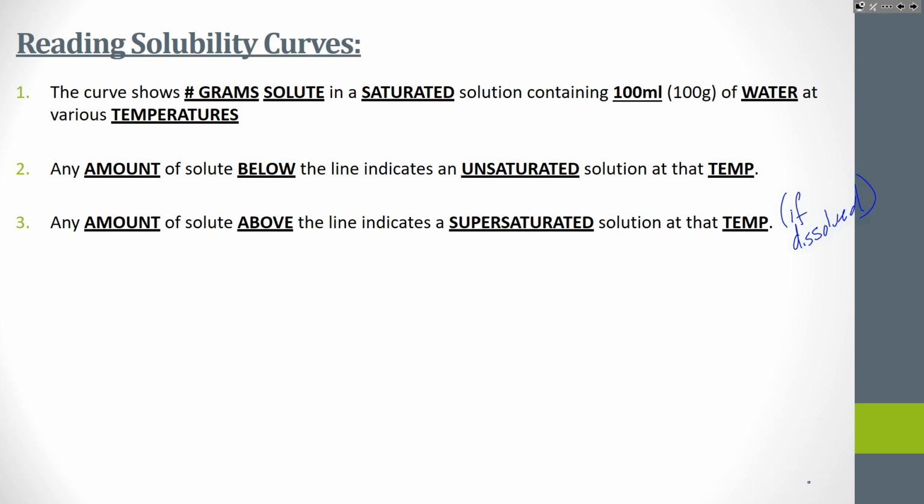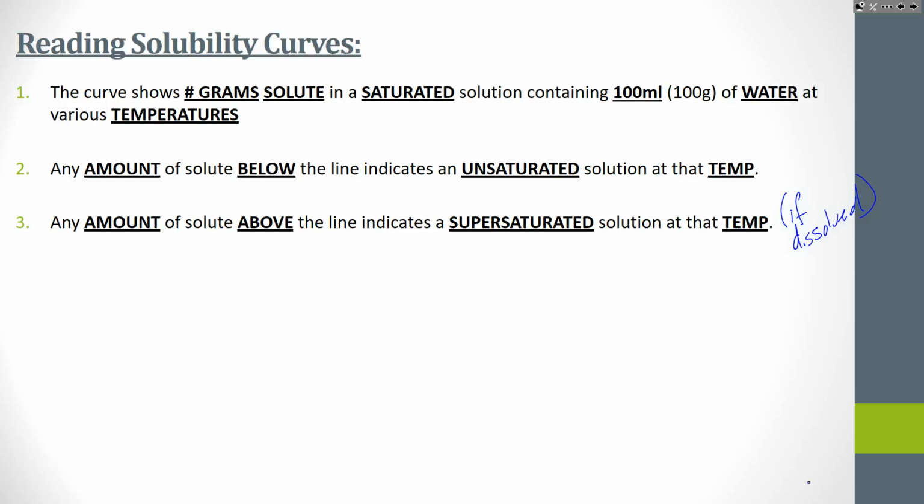Now, supersaturated is a special scenario where you can actually add more than you're supposed to. Put more, like let's say sugar. You dissolve more sugar than it's supposed to hold by heating it up. You get the extra to dissolve, and then you cool it down really gently. You don't look at it, you don't talk about it, you don't even touch it, you don't do anything with it, and if it sits gently enough, it will cool down, and you've actually tricked the water to hold extra.